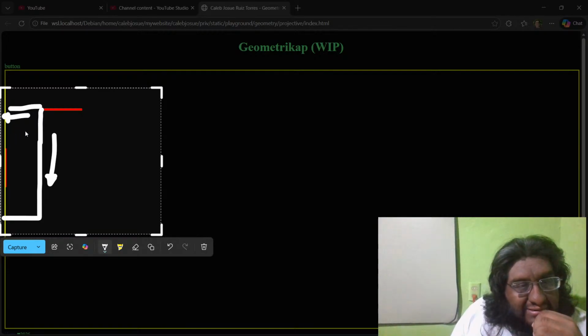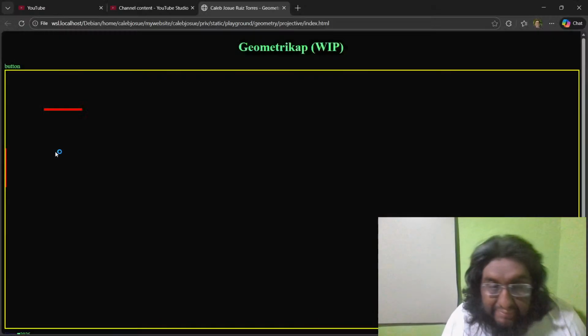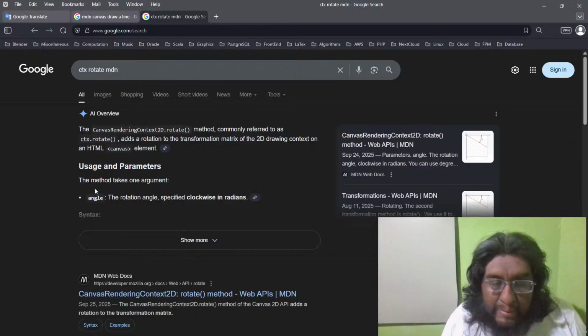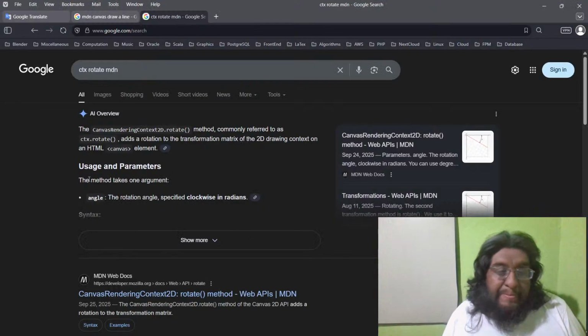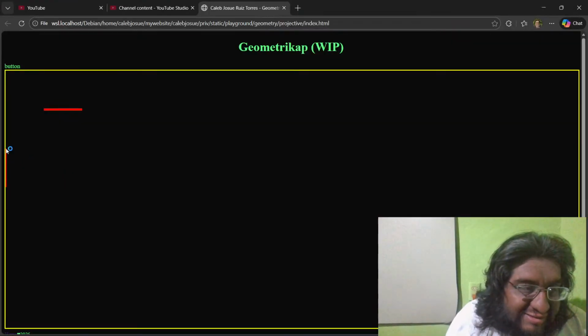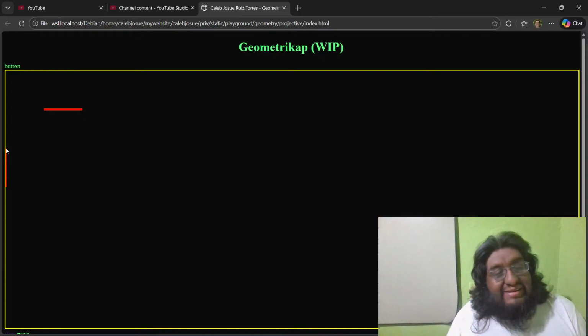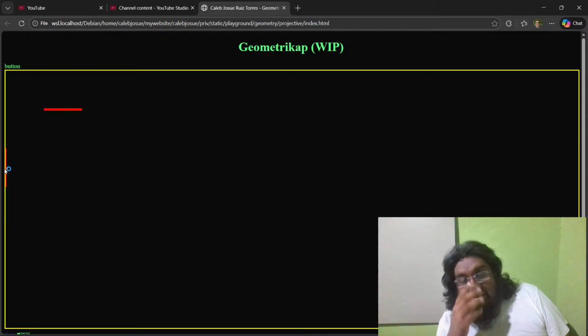So we're saying that we should move 100 and 100. This is the point 100, 100. And then we draw the line, this line. But we didn't want that effect. That drawing is what we say in the code.